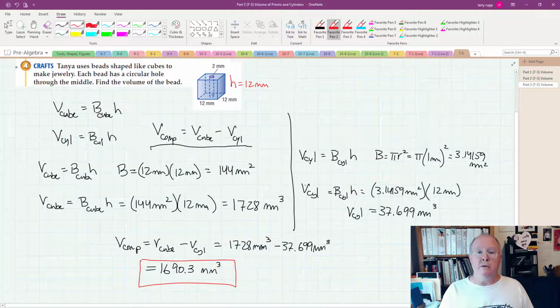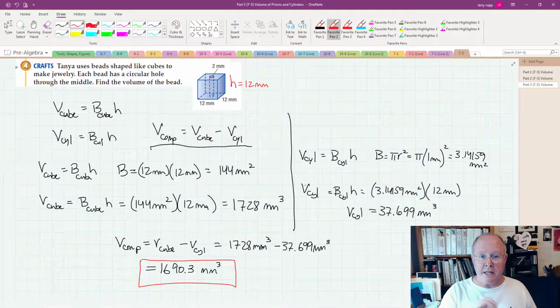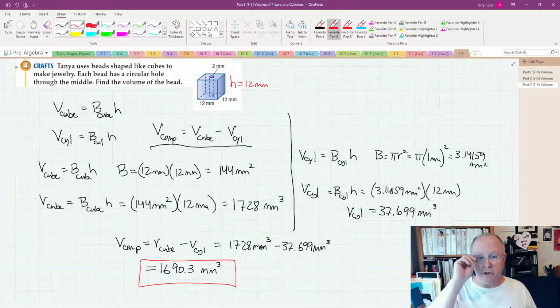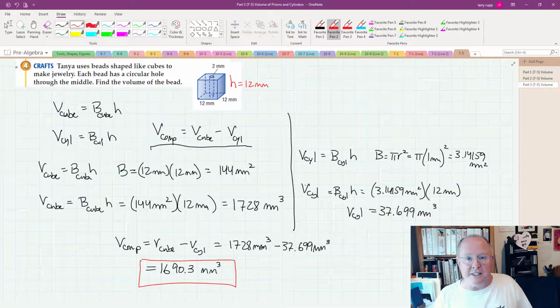Okay, so a couple of things here. Remember, do not round any of your figures in your problem until you get to the very end of the problem, so it doesn't throw off your final answer. In this case we had 3 digits that meant anything, the 0.699, so I just carried them along.